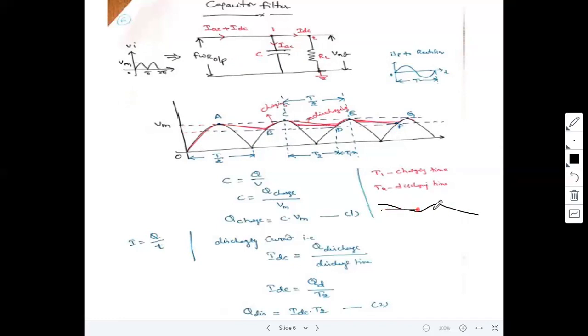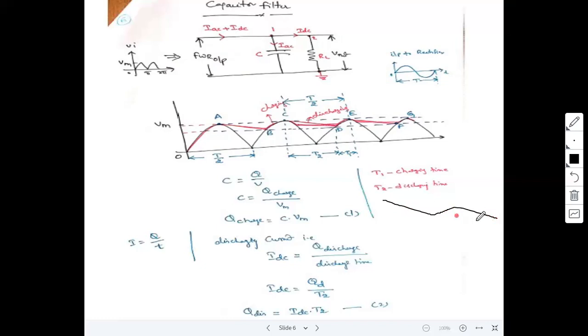The shape of the signal here looks somewhat like a straight line, somewhat like this. Now the maximum filter output is the A point, and the minimum filter output is the B point. Then slowly charge, and then like this.